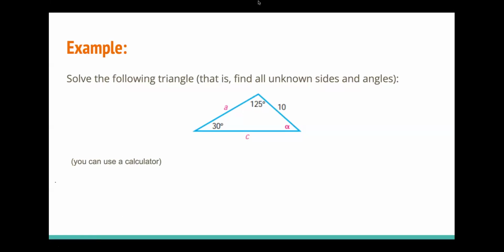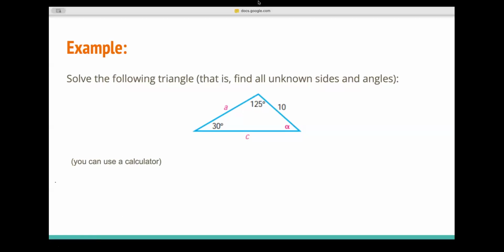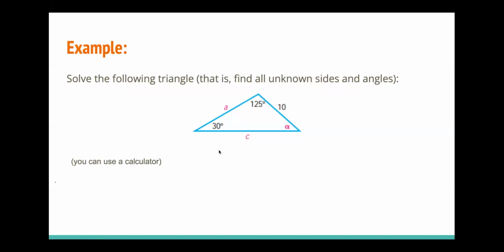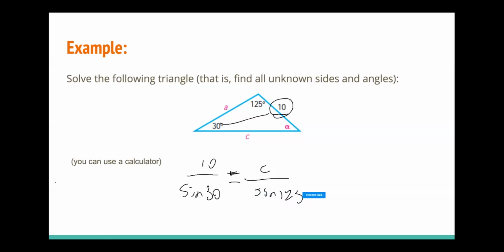All right, I'll go ahead and solve this. Okay, so we have this side length, which is across from this angle. So that's probably gonna be our pair. 10 over sine 30 equals C over sine 125.